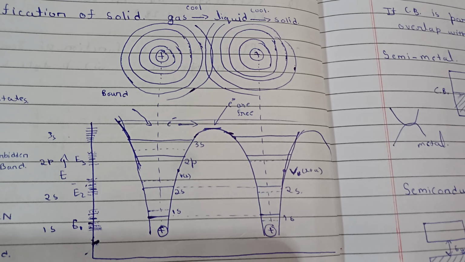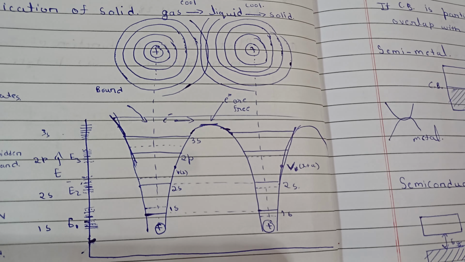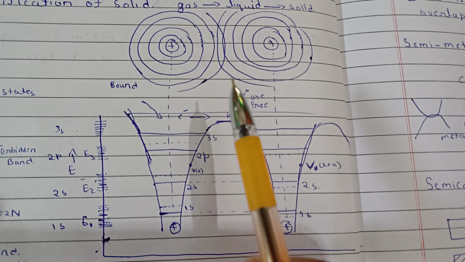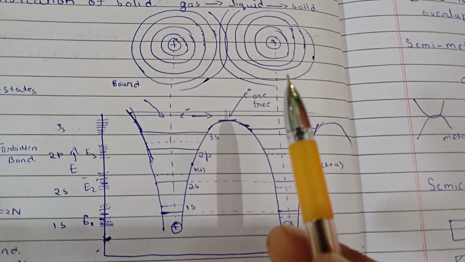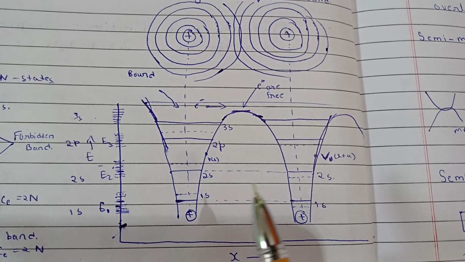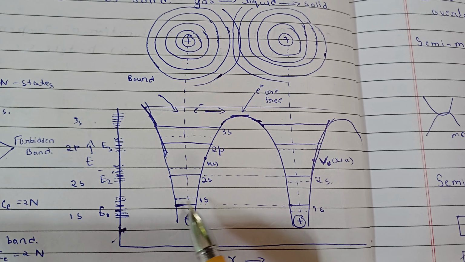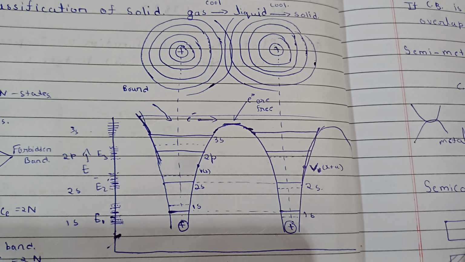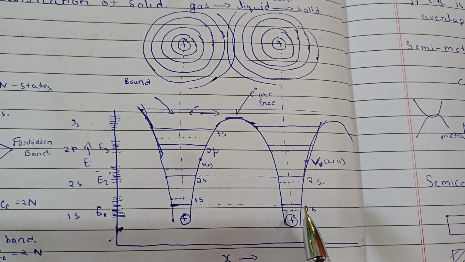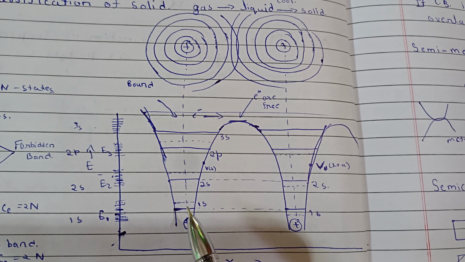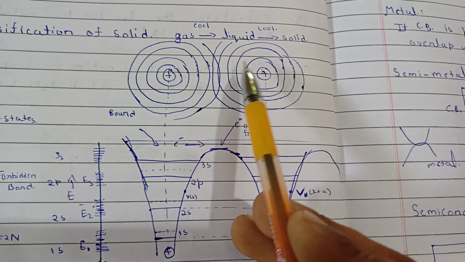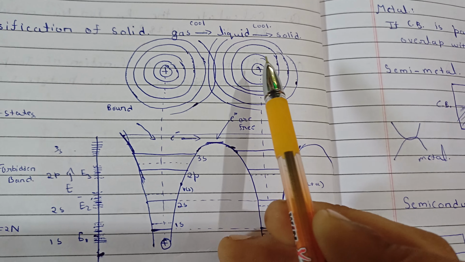Now when it becomes solid, the atoms start to overlap. And what happens when they start to overlap? First they were all having the 1s energy level. Now when they overlap, these energy levels will shift because of the interaction with the electrons of the other atoms and the nucleus.